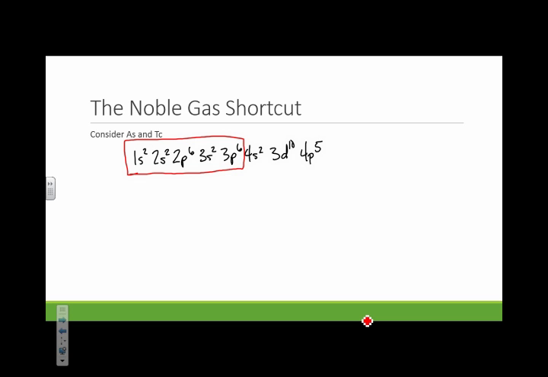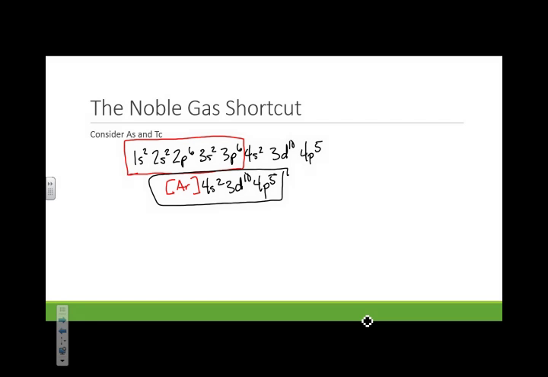And so the noble gas shortcut is we take all of those electrons up to my last noble gas, and we represent them as the element symbol of the noble gas written in brackets. And then we simply finish off the rest of the electron configuration. So this would be the noble gas shortcut electron configuration for arsenic.